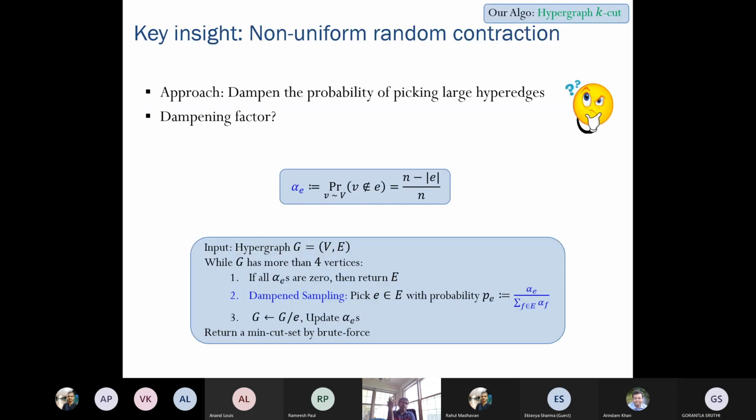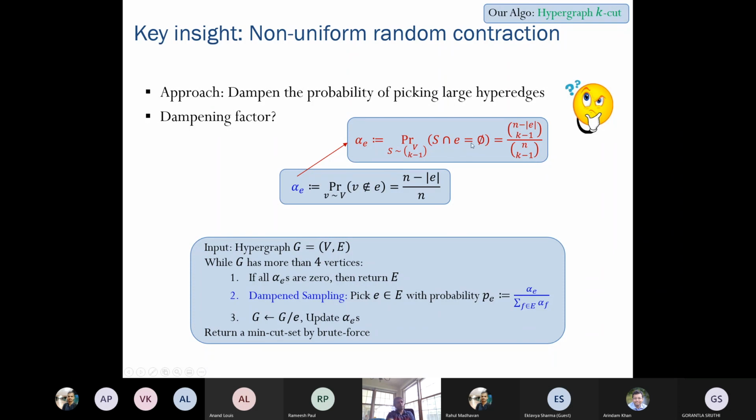Now let's talk about k larger than 2. The algorithm and the dampening factor that I've written here are for k equals 2. Turns out for larger constants k, you need to change the dampening factor. The algorithm is still going to be the same, but the dampening factor for a hyperedge E, we define to be the probability of a uniform random subset of k minus 1 vertices being disjoint from the hyperedge.